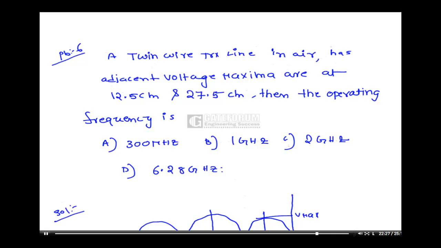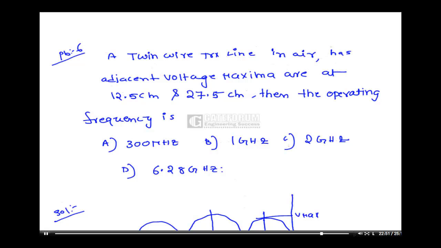That is, suppose at load end minimum is there. At how much distance will we get voltage maxima? Definitely at a distance of lambda by 4. Again, how much distance will we get minimum from maximum? Another lambda by 4.